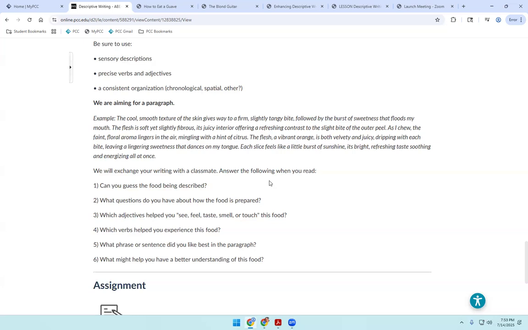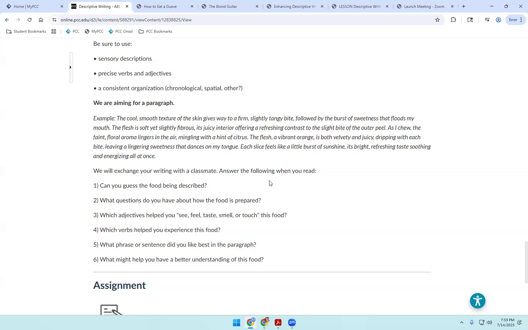As I chew, the faint floral aroma lingers in the air, mingling with a hint of citrus. The flesh, a vibrant orange, is both velvety and juicy, dripping with each bite, leaving a lingering sweetness that dances on my tongue. Each slice feels like a little burst of sunshine, its bright, refreshing taste soothing and energizing all at once.